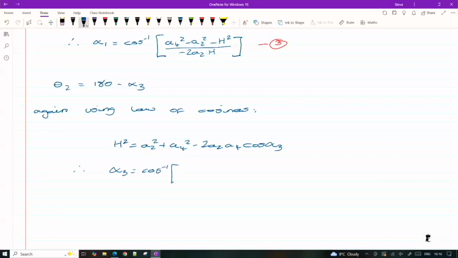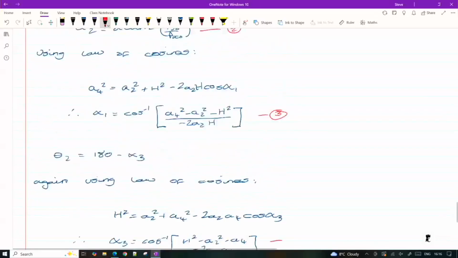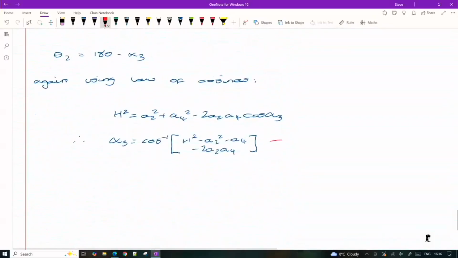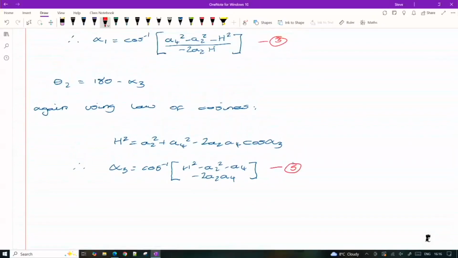And again, we're just rearranging that to give us an expression for alpha 3. That gives us an equation 5. And then that allows us to solve that, which gives us equation 6.